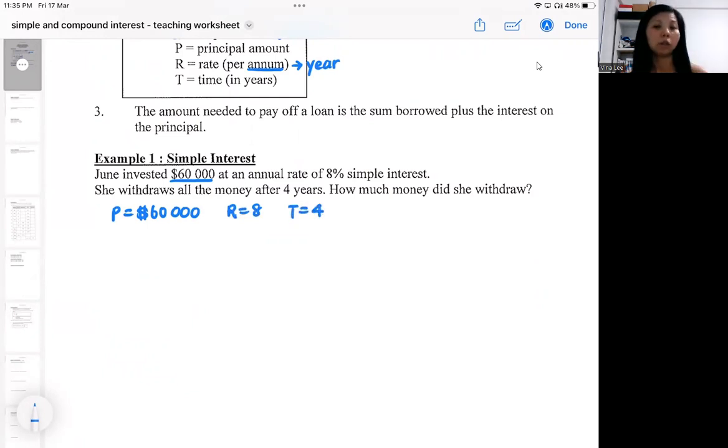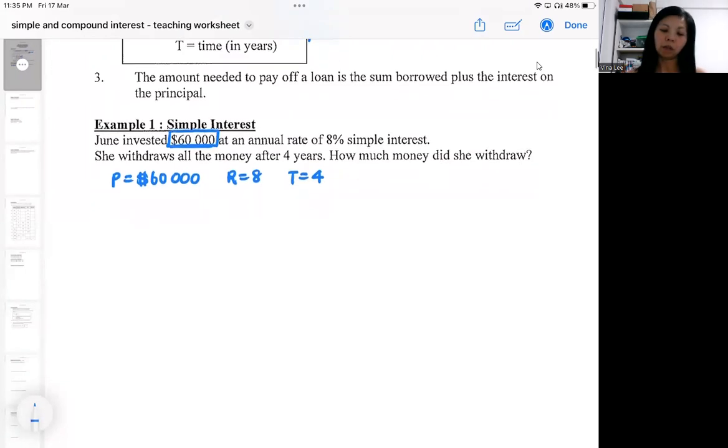So how much money is she withdrawing? It's a very simple question. 60,000 belongs to her, so obviously she will withdraw the 60,000, and because she kept the money for 4 years, she is rewarded with extra money.